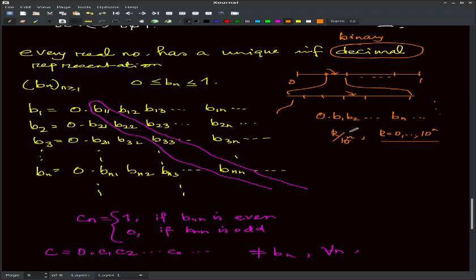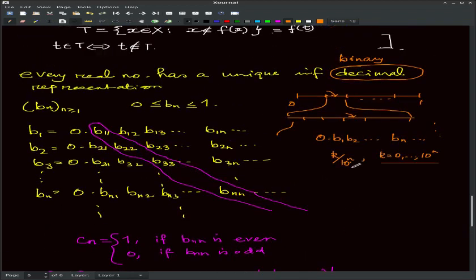You replace 10 by 2. These numbers will be 0 or 1. Again, you can come up with a similar kind of argument. Now, why did I do this? Well, this 2 business helps us in understanding what he did over here.